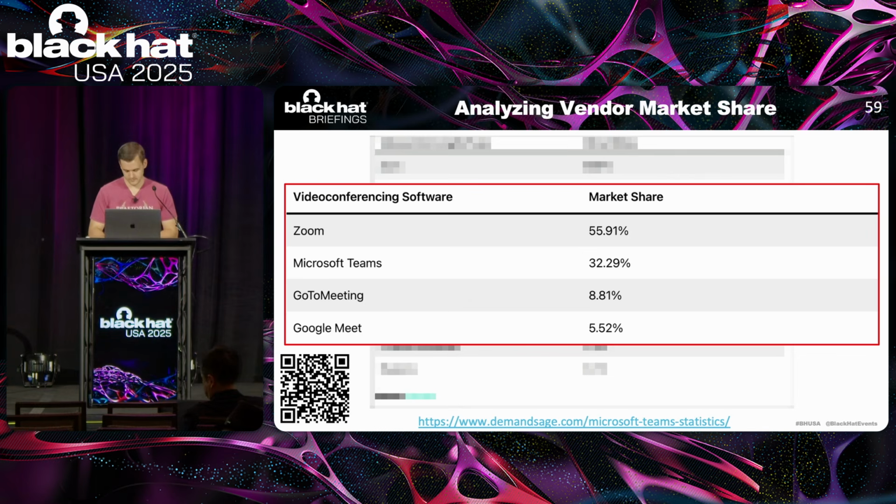We wanted to focus on these two because even if you're using, say, Google Meet internally, it's likely you have users in your environment using these solutions as well, just because they need to interface with external companies or customers that use Zoom or Microsoft Teams. So across basically every major environment, you're going to see traffic to this infrastructure, even if you're not using it as your primary solution.